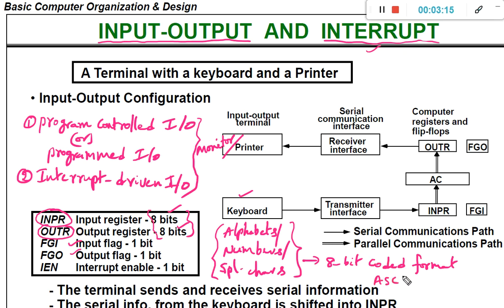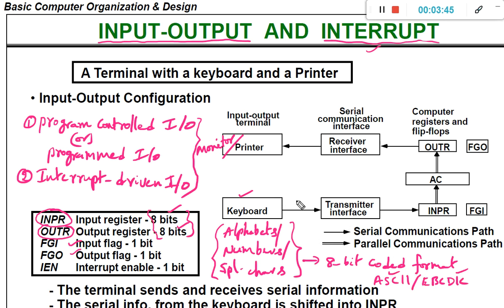Either ASCII or EBCDIC. Previously ASCII was a 7-bit code, now it is an 8-bit code, and EBCDIC is by default an 8-bit code. According to the computer architecture, it may use ASCII or it may use EBCDIC coded format. So that is about how it is coded.